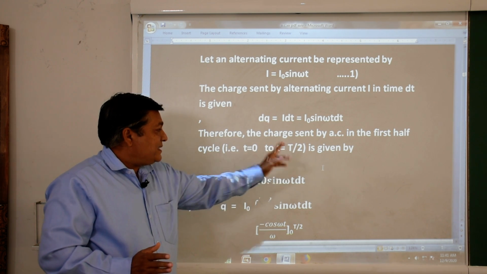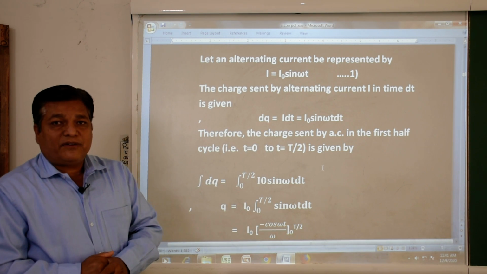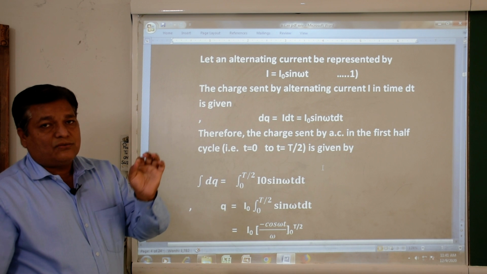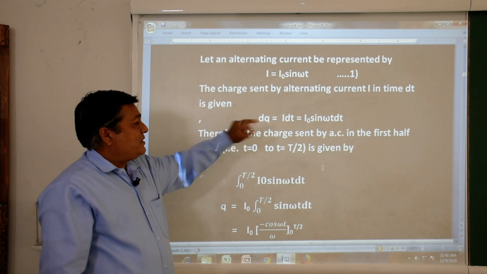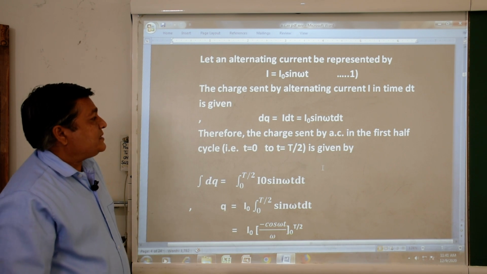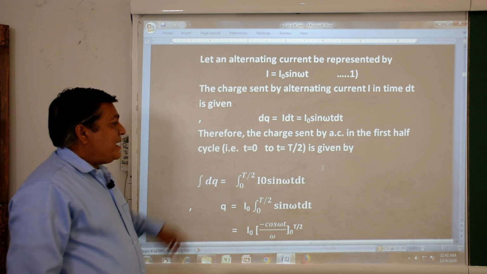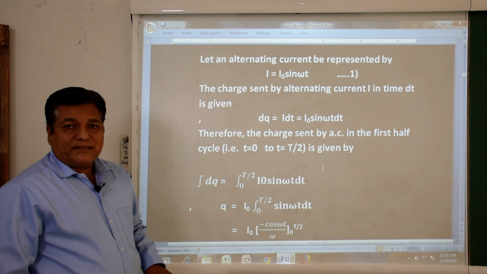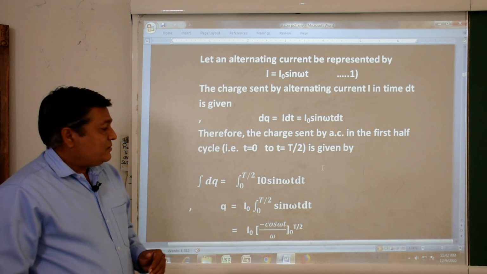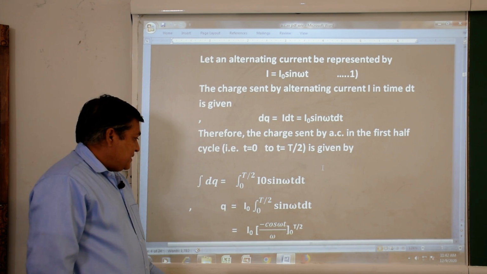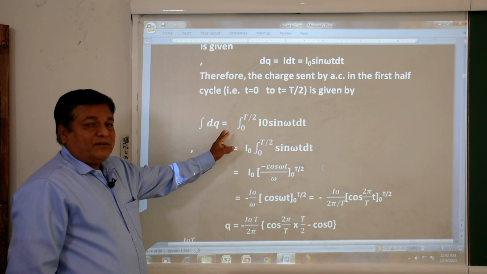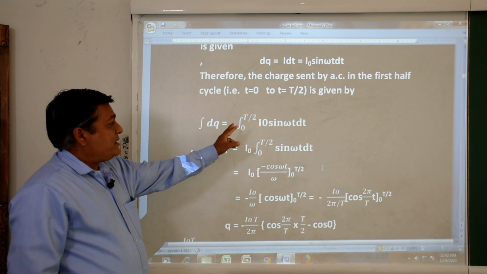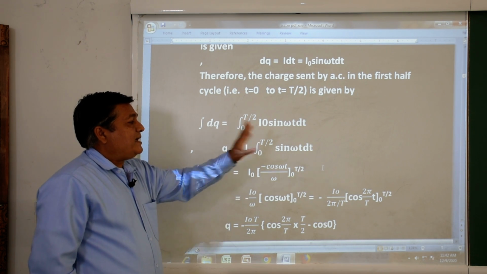So, we are considering the limits for time as 0 to capital T by 2. When we integrate the equation dq is equal to I naught sin omega t dt by putting these limits, what do we get? Integration of dq from 0 to T by 2 is the integration of I naught sin omega t.